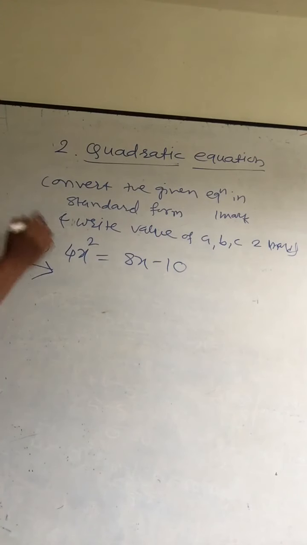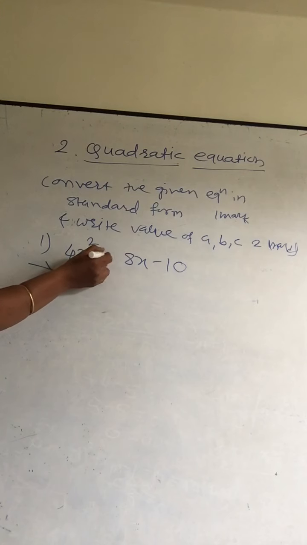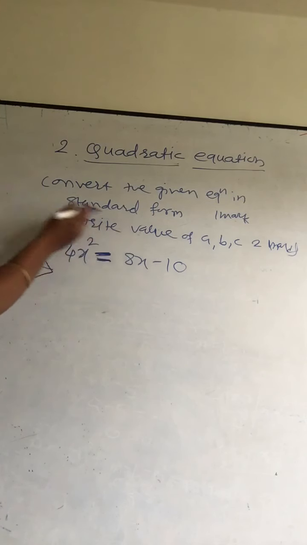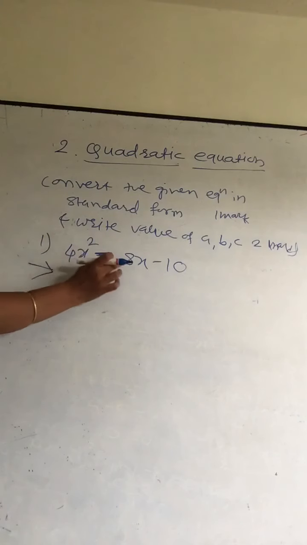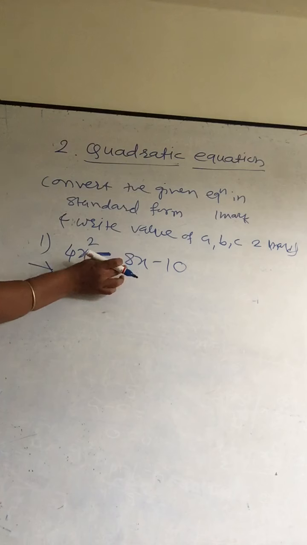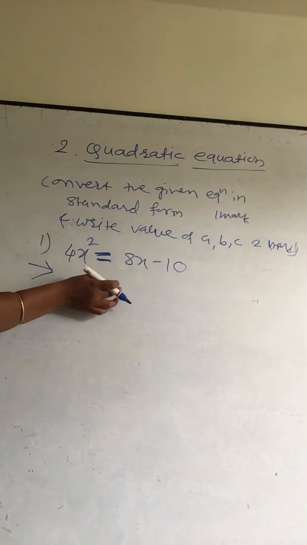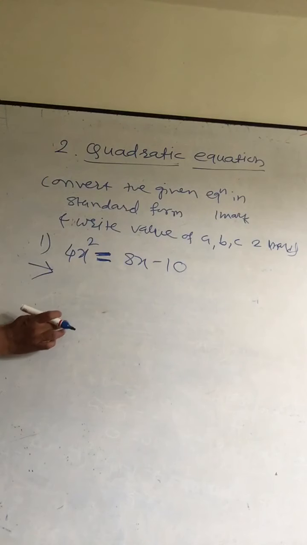When we take the terms to left side, subtraction becomes addition, addition becomes subtraction, multiplication becomes division, and division becomes multiplication.